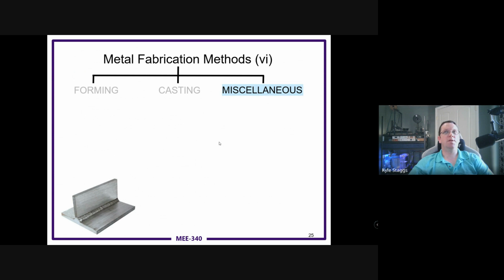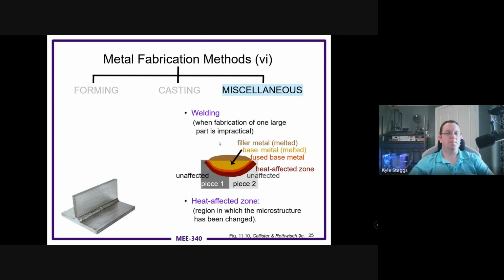So the metal fabrication methods, there's a lot of these, so we won't go over zillions of them, but we'll cover a handful. Welding is a very, very common one. You have a filler metal that melts and fuses the base metal together. And then you have heat affected zones across those materials.